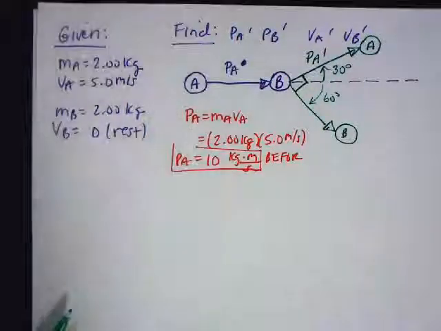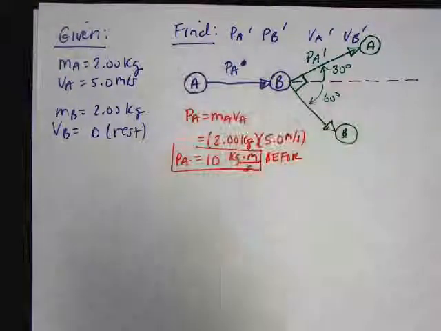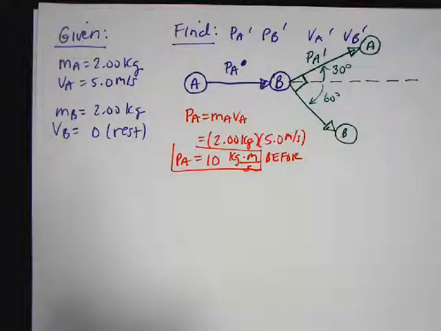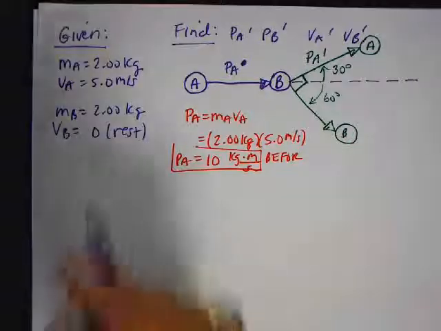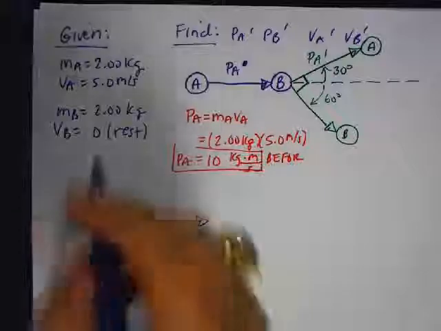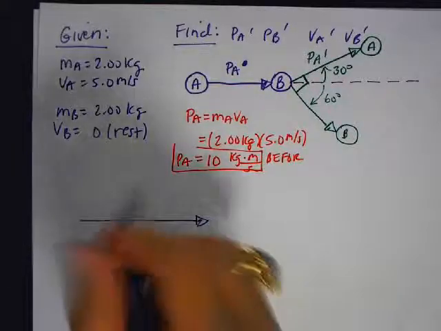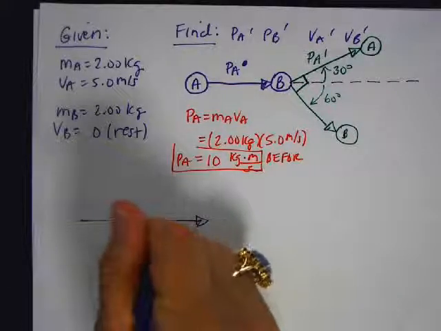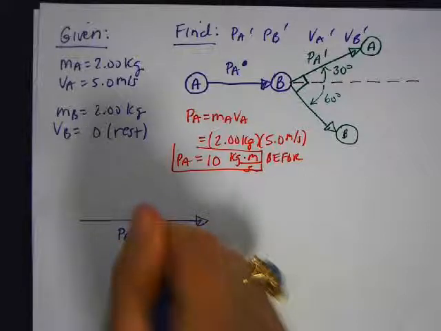Now, where do I start? So after I get to this point, I'm going to draw my momentum triangle. So here is the total momentum before, this vector, which is PA plus PB. PB is 0, so it's just PA.